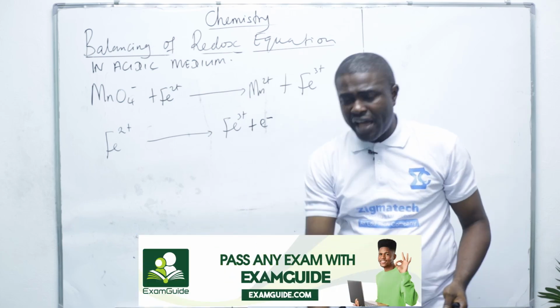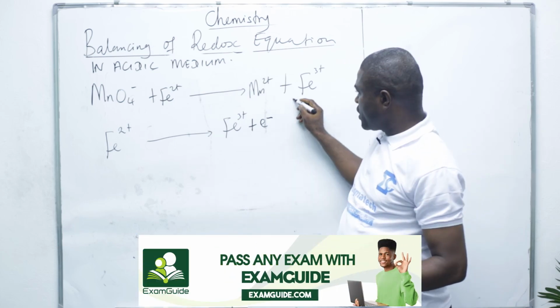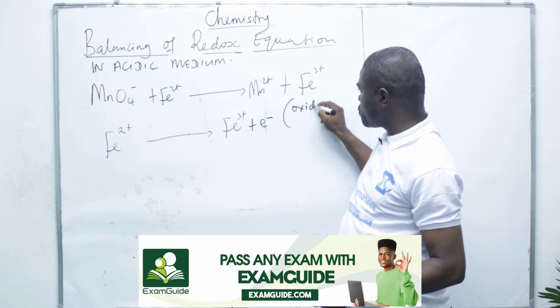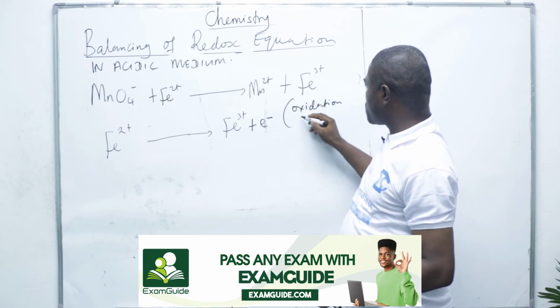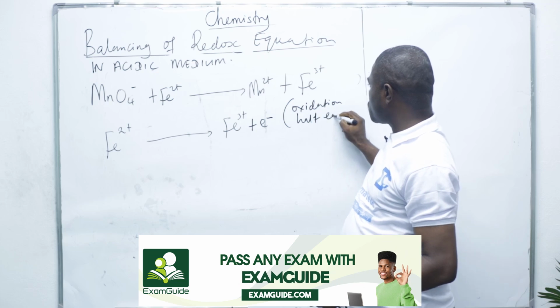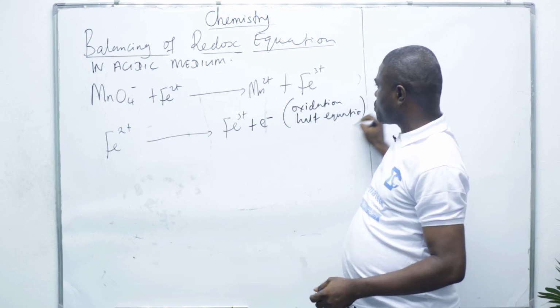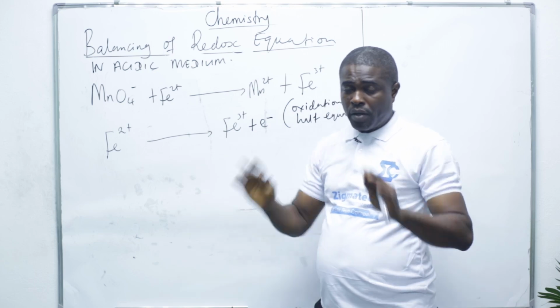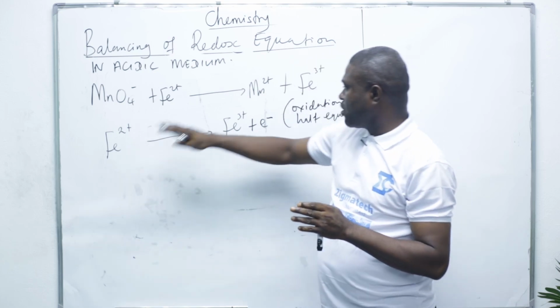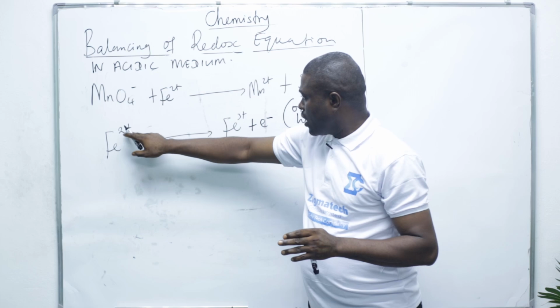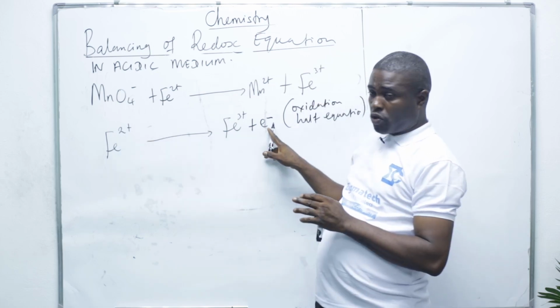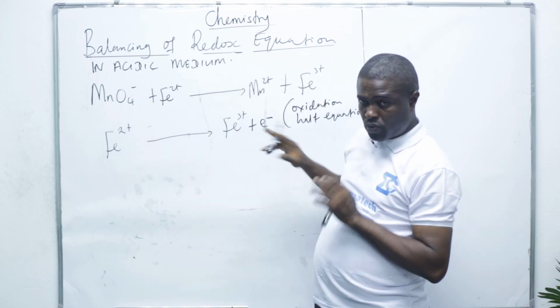Remember to identify which reaction. This is the oxidation half equation. Now, it is balanced. In terms of atoms, one atom of iron, one atom of iron. I have balanced the charges by introducing one electron here so that it reduces +3 to +2.